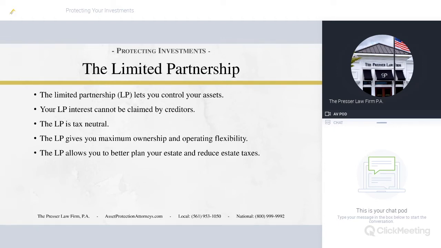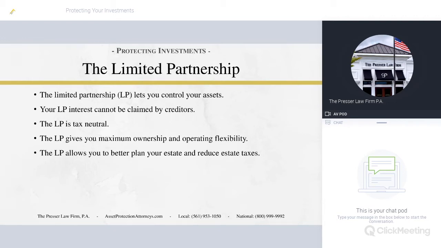So if this limited partnership is something you're using from an estate planning standpoint, and the limited partners and all partners involved are family members or close friends or associates, then the general partner controls who gets the distributions, and the general partner has to be controlled by you. Notice how I said controlled by you, not you being the general partner.